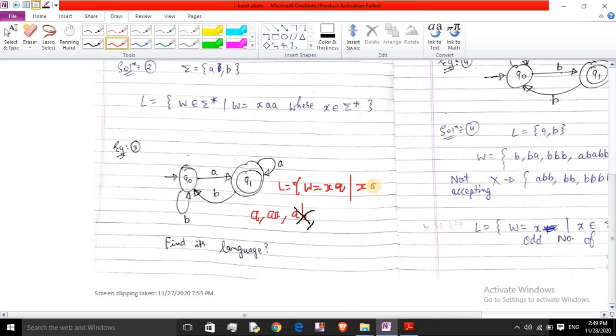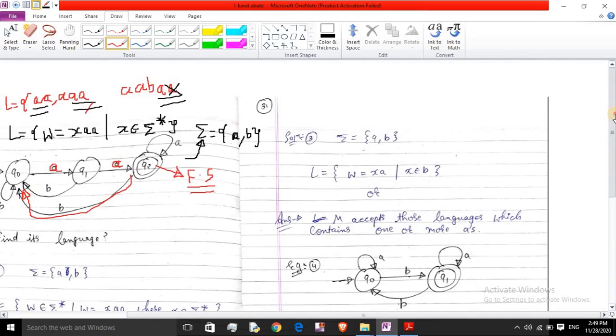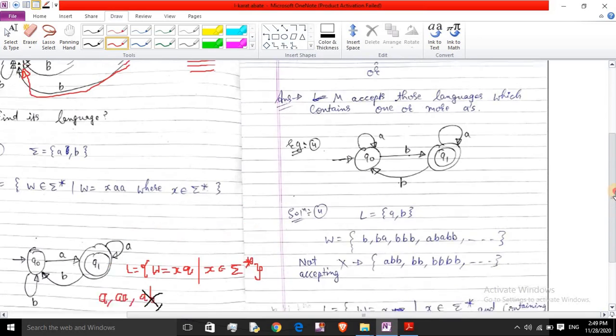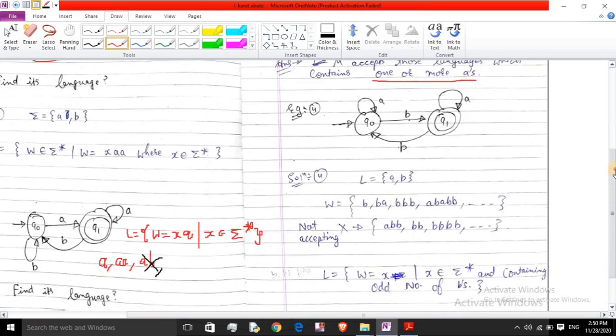Actually at least one A should be there. The strings present in this machine will be such that x concatenated with A, where x belongs to sigma star. So this is the example for this language. Now just move to our next example. We can also say this machine accepts only those languages which contain one or more A's. At least one A should be there.